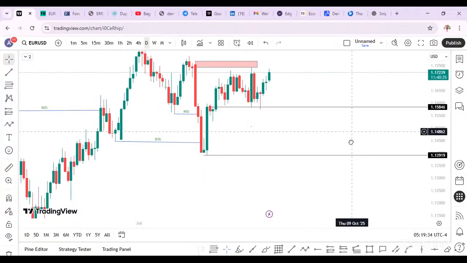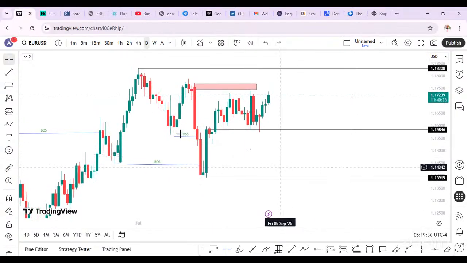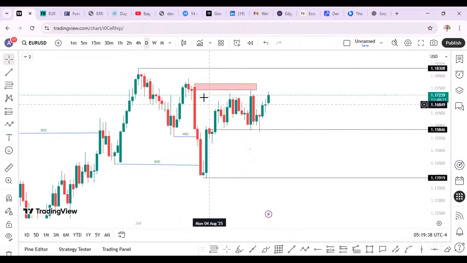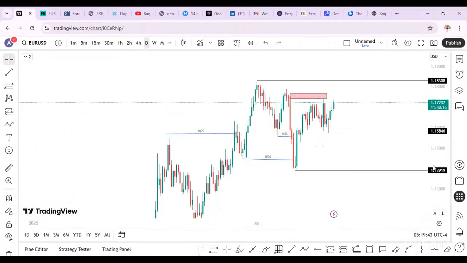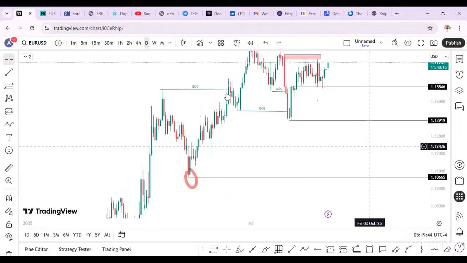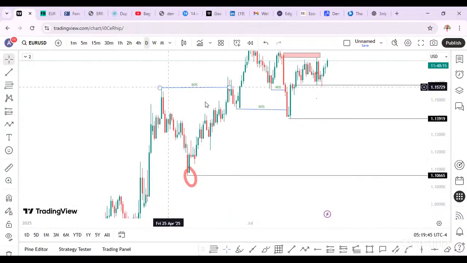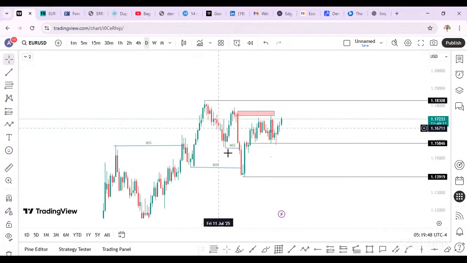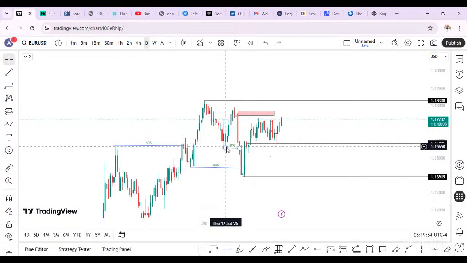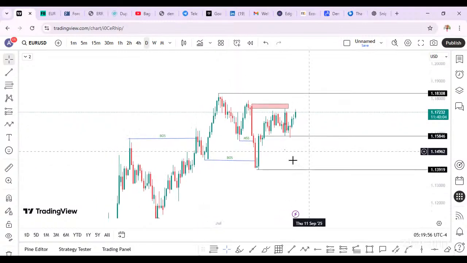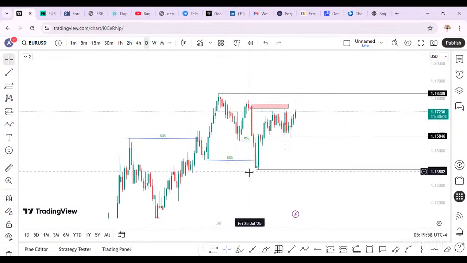As far as this price is concerned, we are still bearish on Euro USD. Price has been bullish, giving us a higher high, a lower low, and a failure swing high. Then here, price shifted market structure, and also here a break of structure.